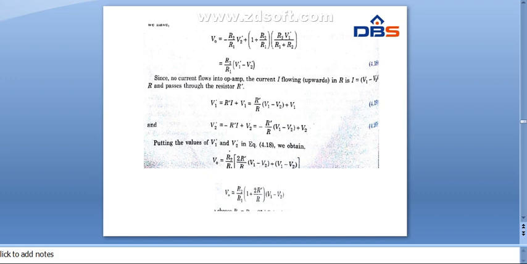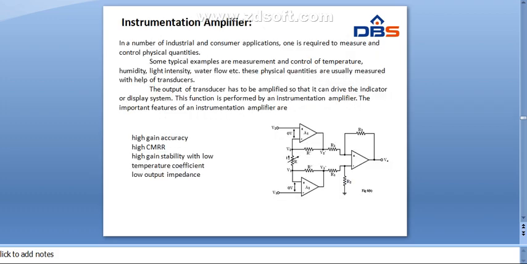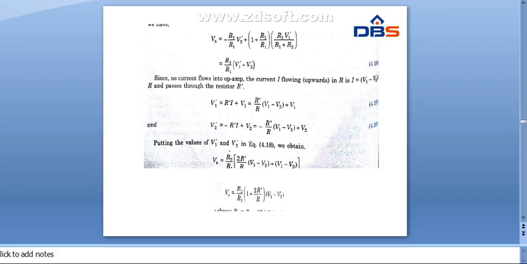So it is the analysis of the 3 op amp instrumentation amplifier. See here, from the circuit diagram we can write V0 equal to minus R2 by R1 into (V2 dash minus V1 dash)... so it becomes R2 by R1 into (V1 dash minus V2 dash).